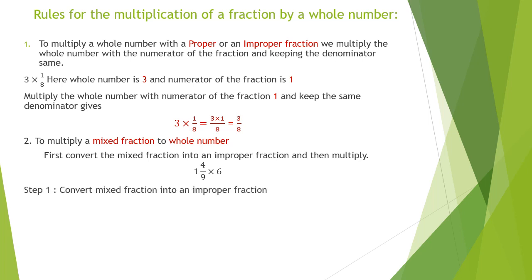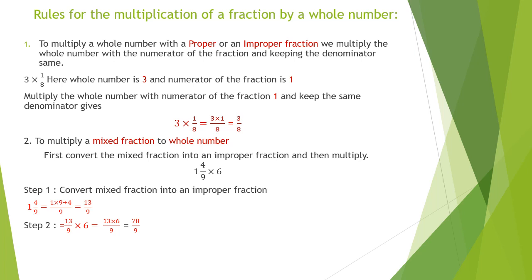The first step is to convert the mixed fraction 1 integer 4 upon 9 into an improper fraction. That is 1 integer 4 upon 9 equal to 1 into 9 plus 4 whole divided by 9, which gives 13 upon 9. Next step is 13 upon 9 multiplied by 6 gives 13 multiplied by 6 upon 9.